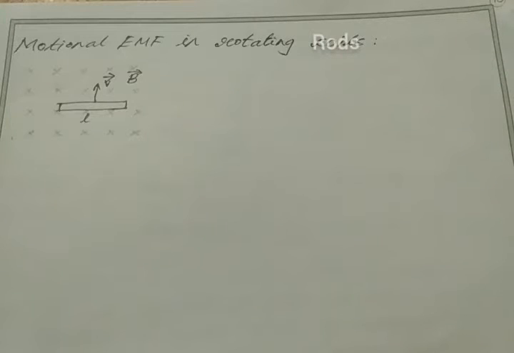So we already studied one similar topic, that is induced EMF in rotating coils, right? There also we studied some numerical problems. Induced EMF and motional EMF both are separate terms. For example, we know about self-induction and mutual induction.